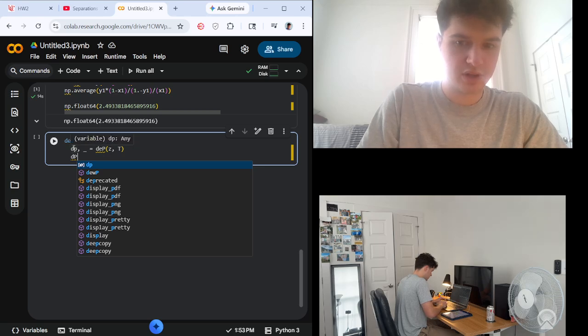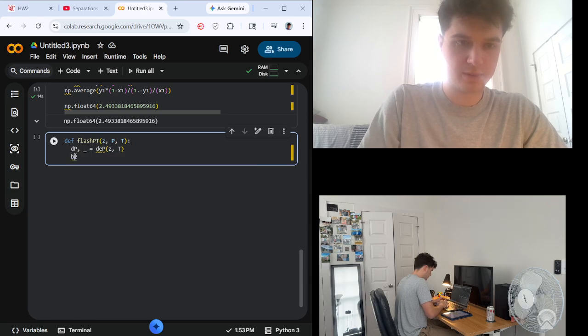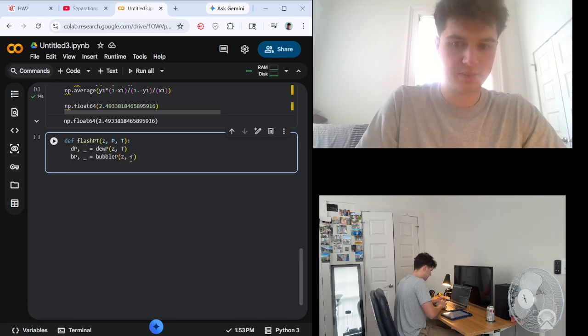Sorry, so this is dew pressure. We also need bubble pressure. I don't know why I said boiling. Bubble, and that is Z and T also.